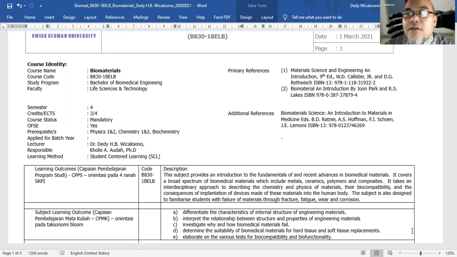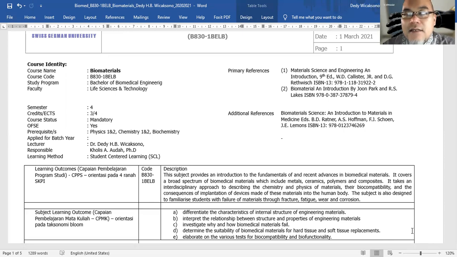The subject will also include new advanced materials, for example those derived from biological materials, like stem cells for regenerative technology.